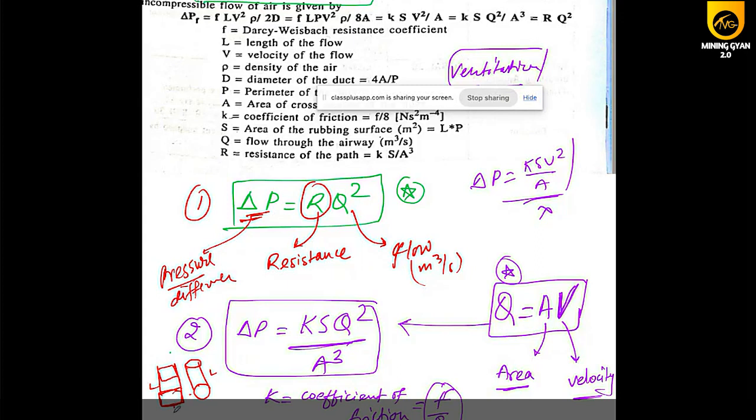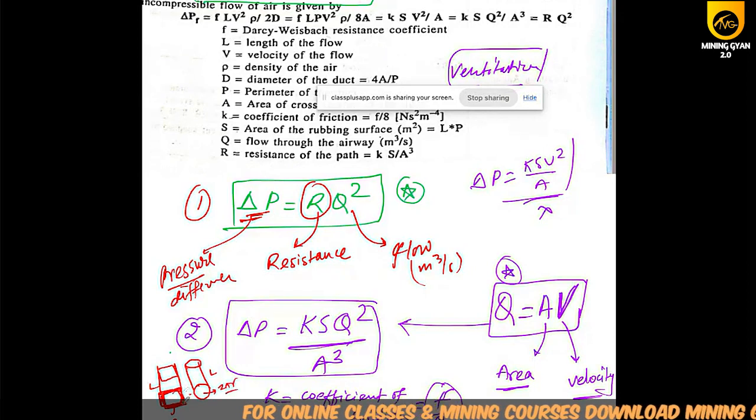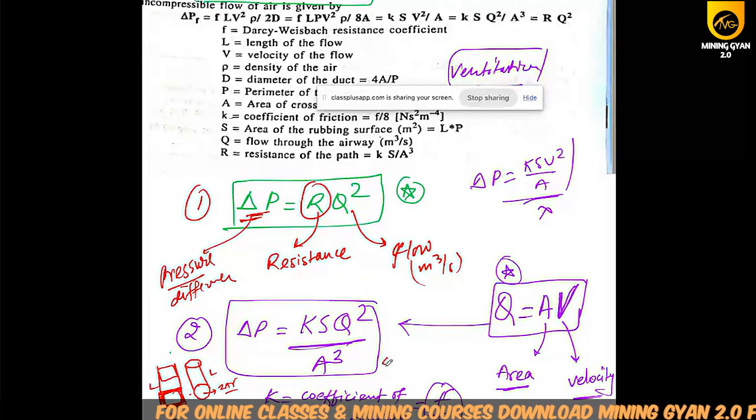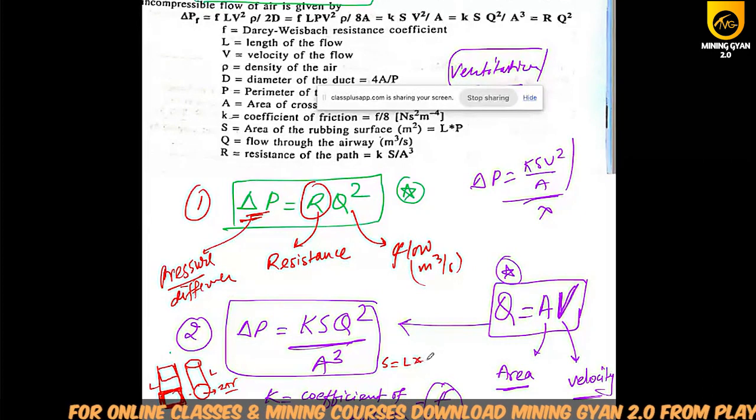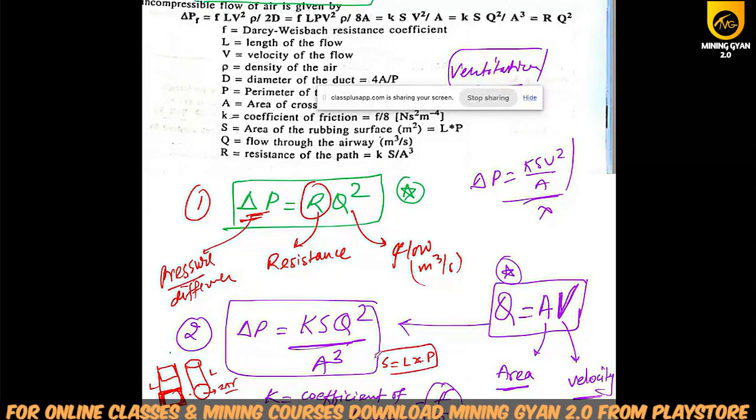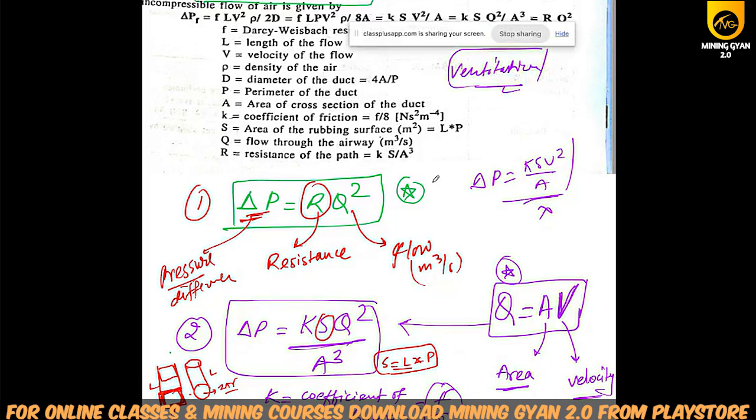Perimeter means you have to add all the dimensions, and for a circular opening the perimeter is 2 pi r. So for the surface area, you multiply length into perimeter. This is the surface area, length into perimeter, and A is the area of the cross section of the duct.